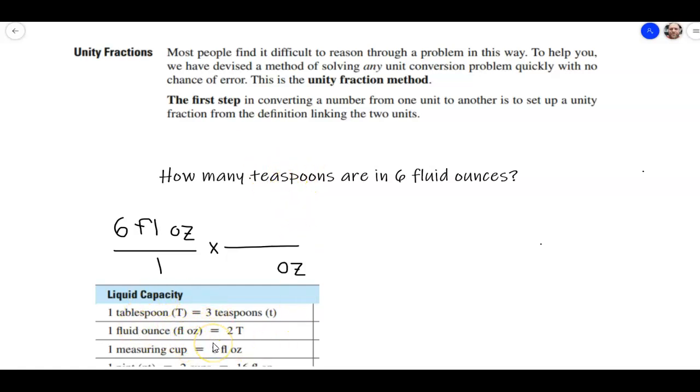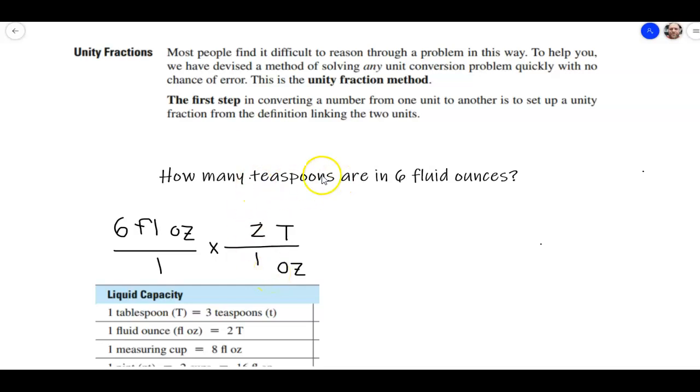So I'm going to have to set up 2 unit fractions for this one. I do know that in 1 fluid ounce I have 2 tablespoons. So I can write that as a unit fraction, because 2 tablespoons is equal to 1 fluid ounce.